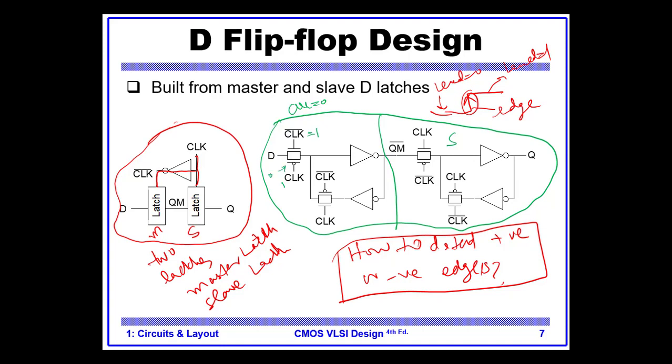What will happen to this PMOS? It will be off. What will happen to this NMOS? This will be on. So it means D will be connected to this point and it will go to here. So this is the path for D. What happens here? This is 1, this is 0.